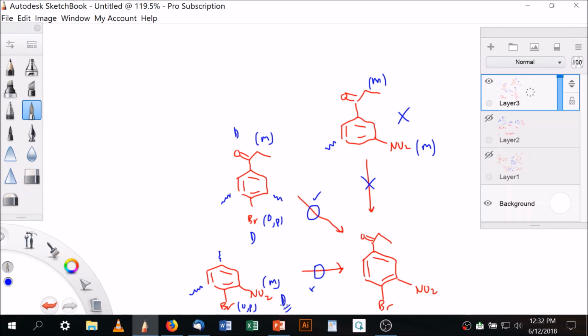But this is a strong deactivator. So you see how if this is a stronger deactivator, and we know Friedel-Crafts alkylation doesn't work with nitro on it, that's a problem, because this is going to take a Friedel-Crafts acylation to get that on there, right? Okay, so that's another strike against it. So this is the one.